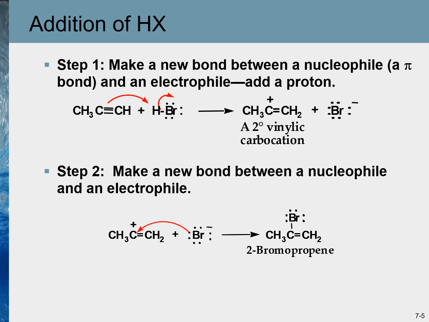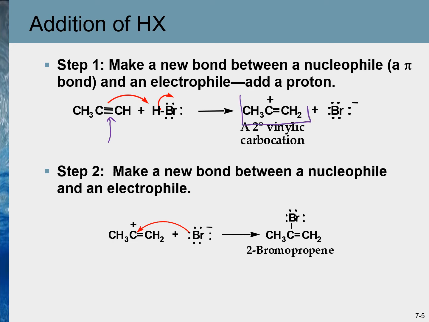In this reaction also, the pi electrons of the triple bond act as a nucleophile, and the first step involves the attack of the nucleophile on HBr, resulting in formation of a bond between a carbon atom and hydrogen.